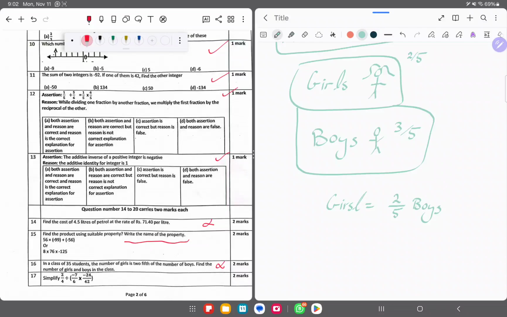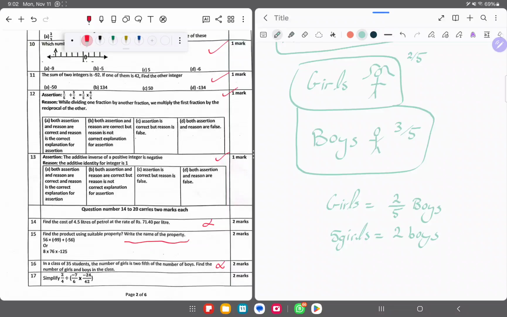Basically, the number of girls is 2/5 the number of boys. So if I want to say 5 girls, that gives 2 boys.